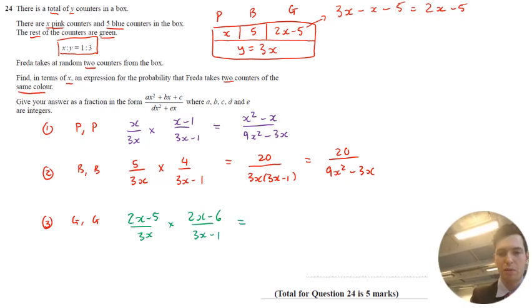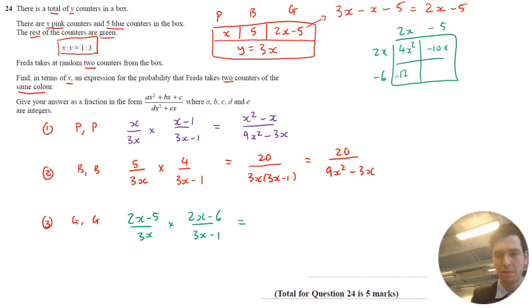And I'm going to use a box method to expand that out, so I get the right answer. So I got 4x squared minus 22x plus 30 over 9x squared minus 3x.